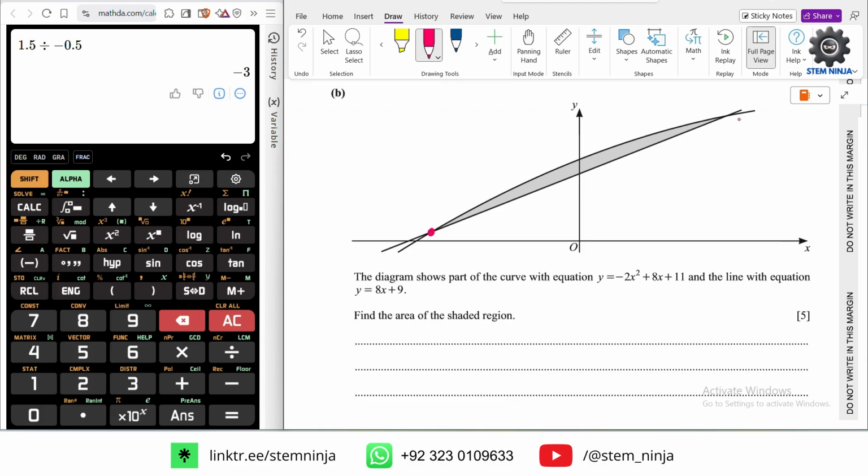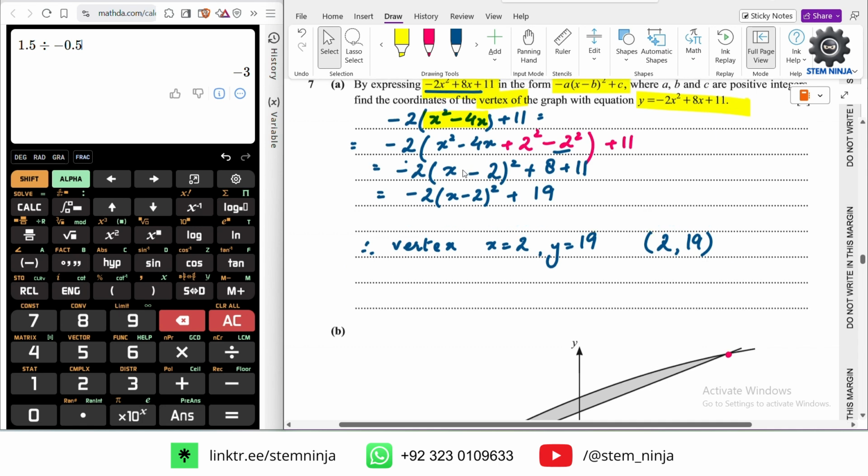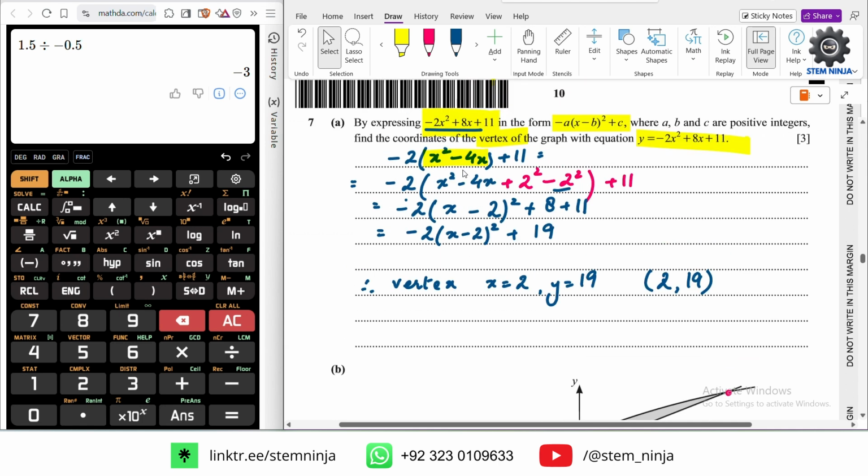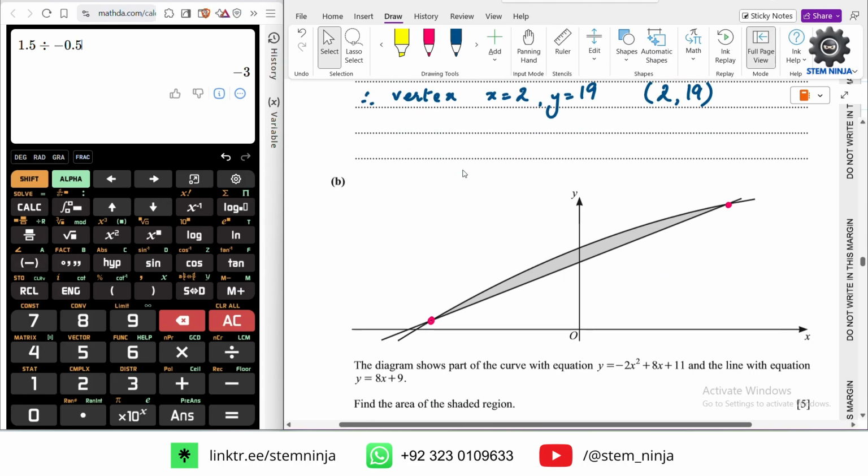Okay, so first off we need to find the intersecting points. I think we can try to find it from this.